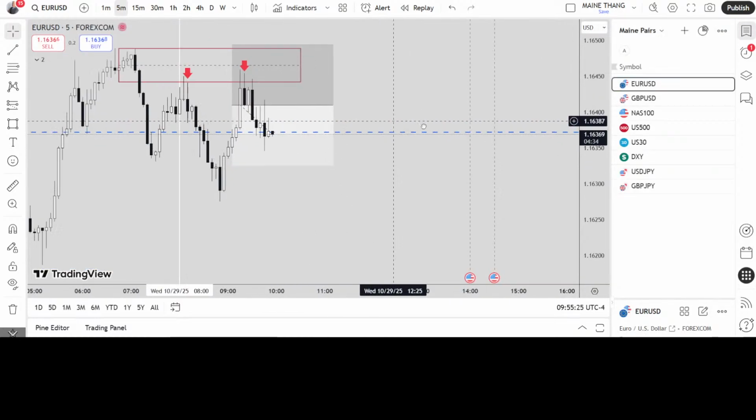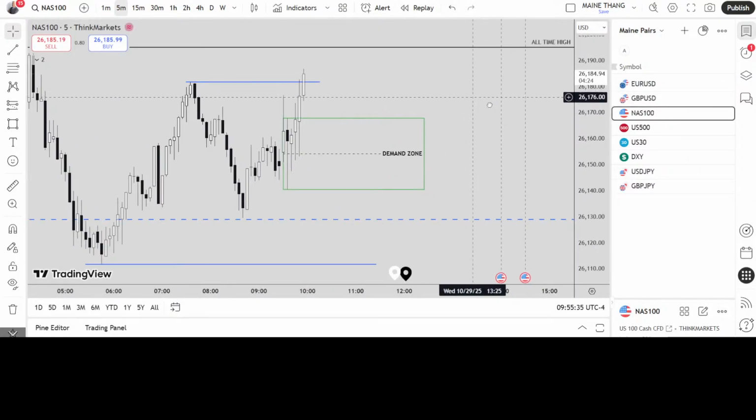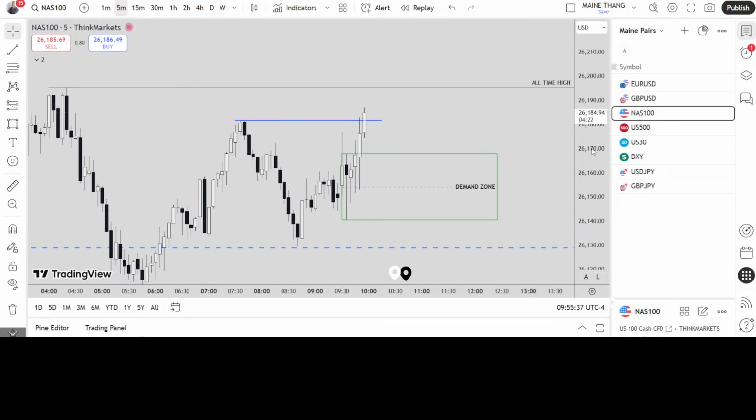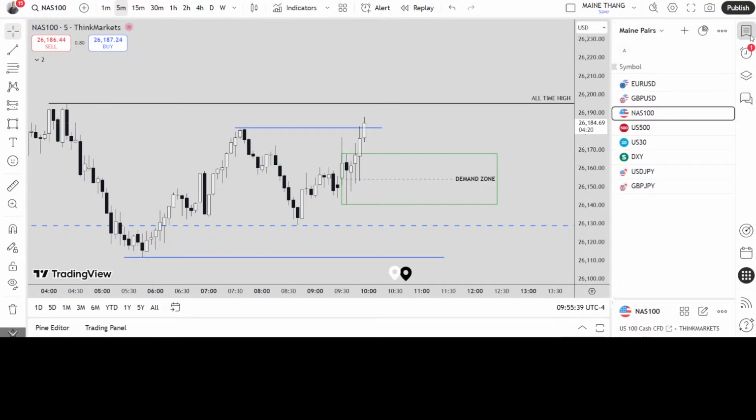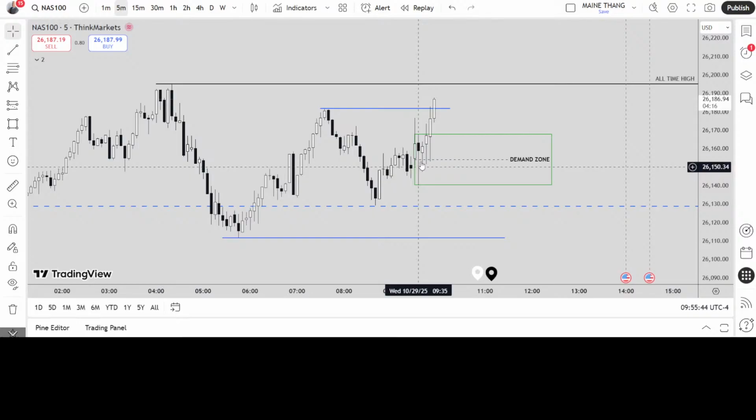Second entry didn't hit yet. Let's get some expansion. What I mean by expansion, it expands.